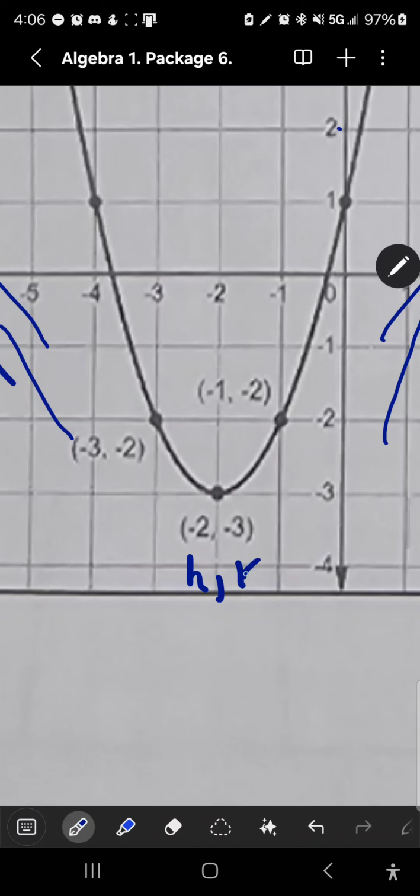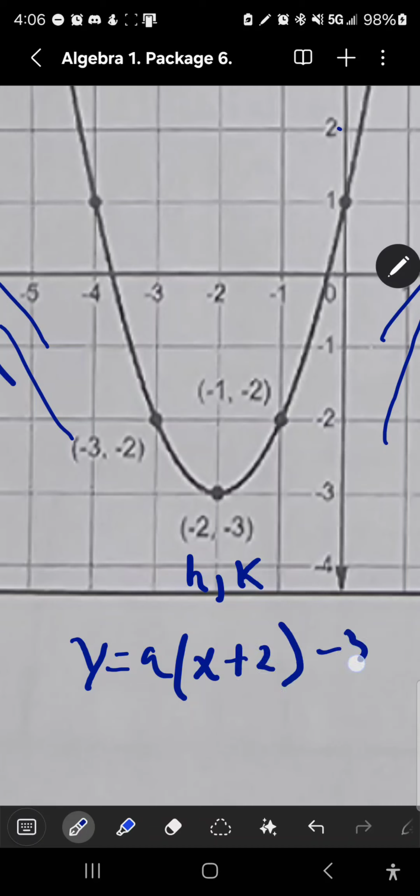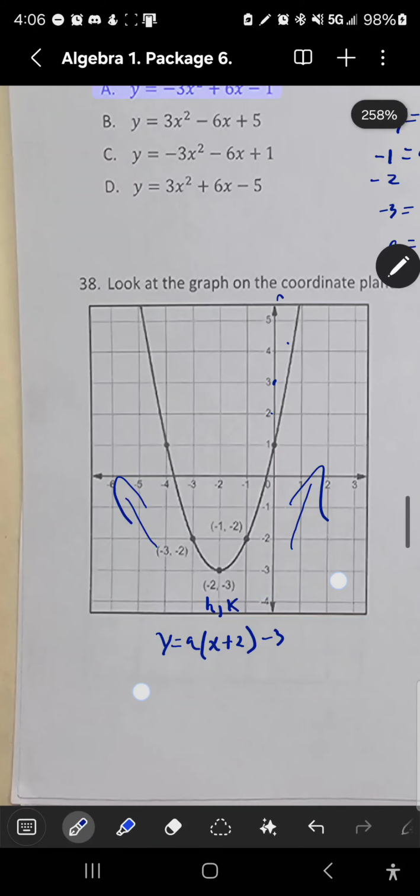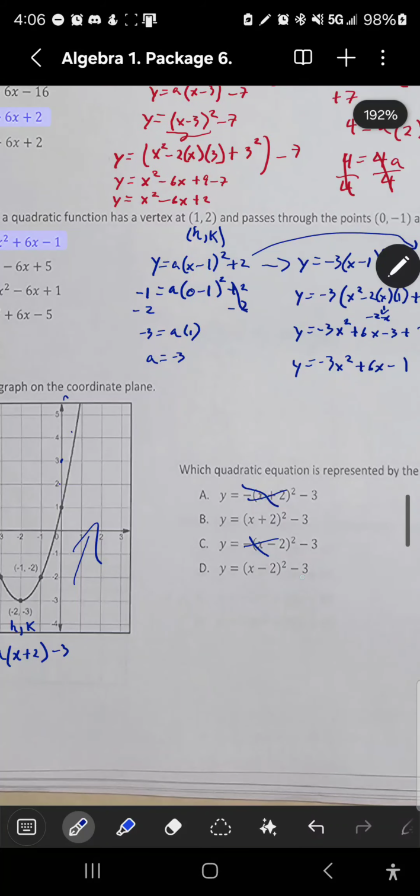So these are h, these are k. So the equation will be y equals a(x minus h), so x minus negative 2, it will be plus 2. And then plus k, so negative 3. And we have plus 2 on this square. So it is not this one, and we are left with b.